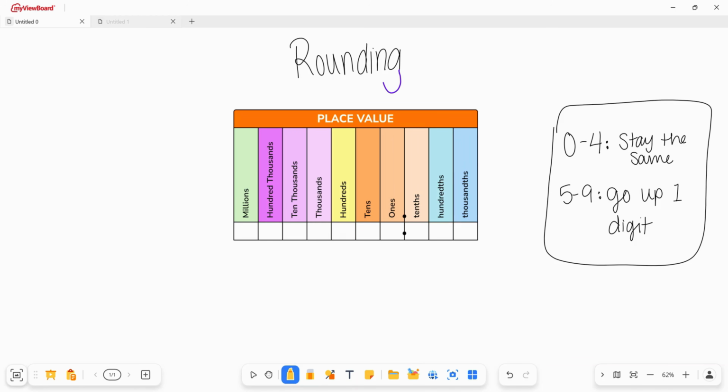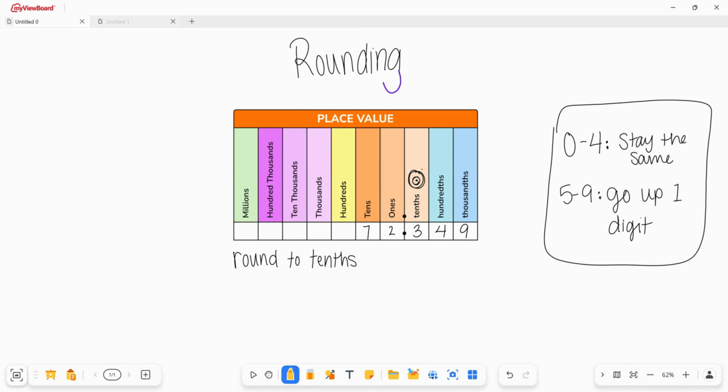So what I mean by that is, if I had the number 72.349, and I'm going to round to the tenths, the tenths is now going to be my target number. I could put a little mini target there if I wanted to.